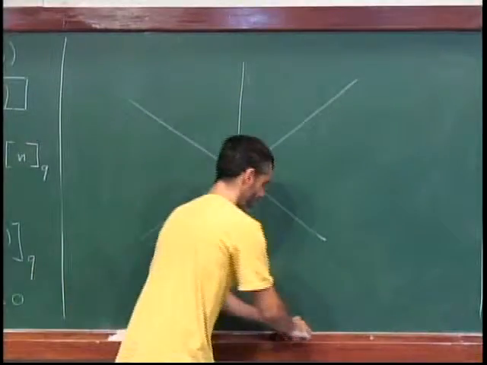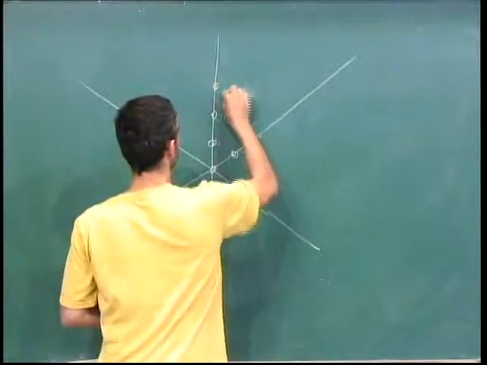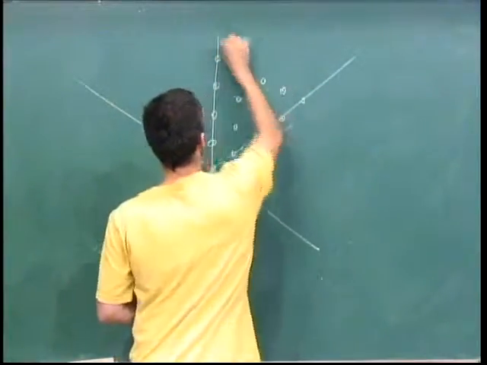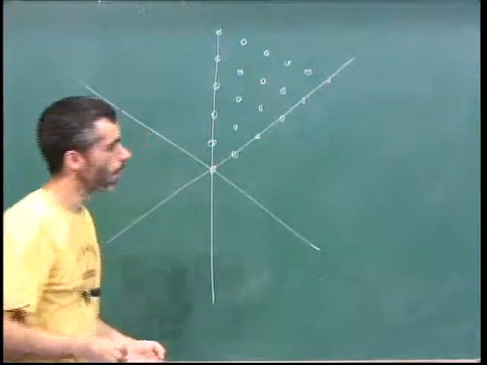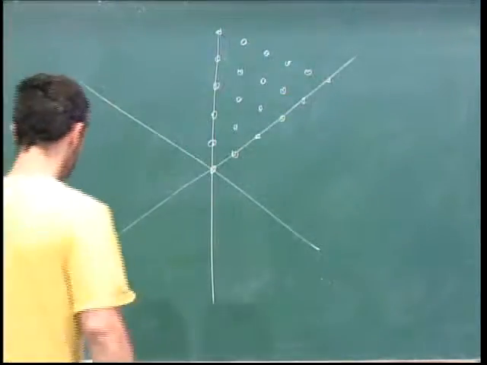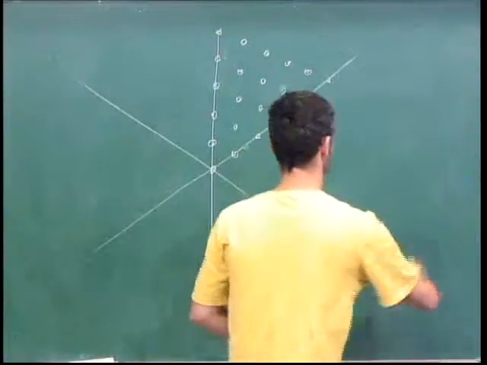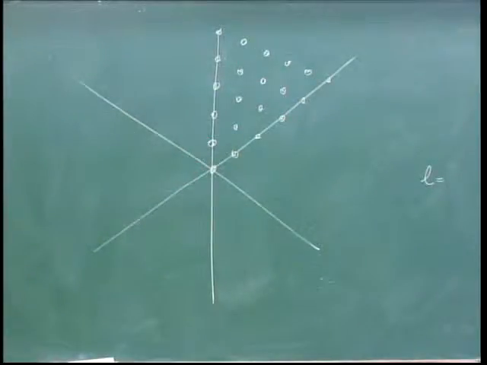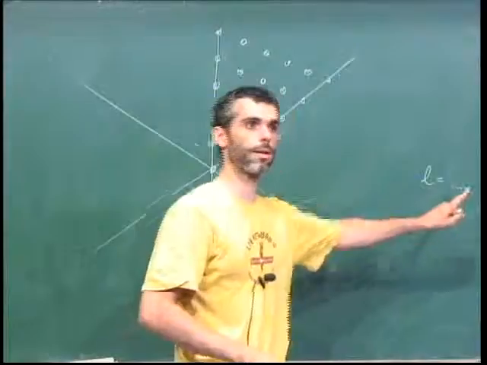So here is the weight lattice. And let's take an example. I haven't prepared that, so I'm not exactly sure what L is.